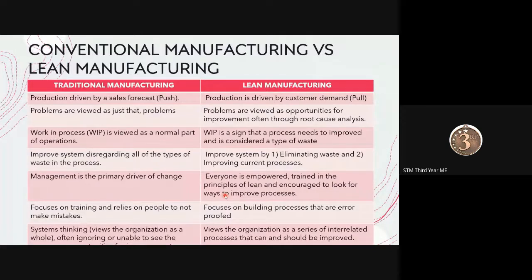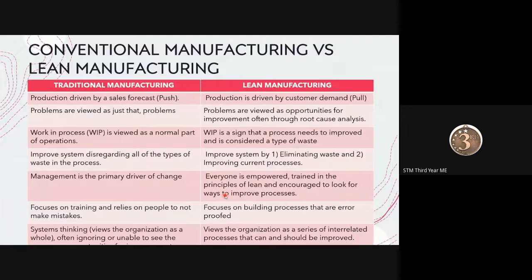That defective product is removed, but it is still not considered a waste. But in lean manufacturing, an error-proofed method is always implemented. We have learned about an LM tool called mistake proofing, and under mistake proofing there will be no errors and no defects, and that is always the focus in lean manufacturing.